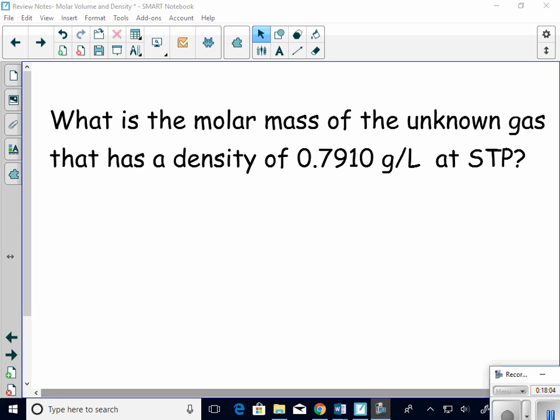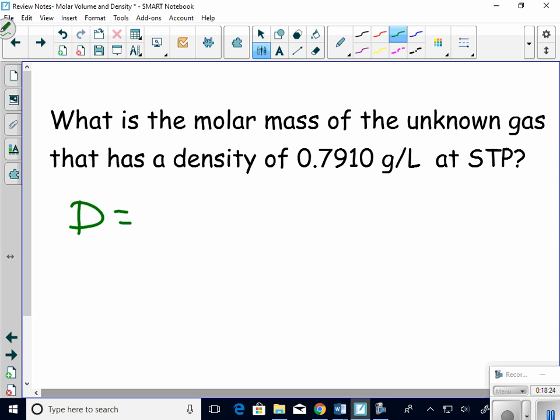No. What matters is, A, we're at STP, are we? Yes. B, at STP and the gas, we know the volume, don't we? Okay? So, as I'm looking at this, I say, well, density equals mass over volume. Well, that means that mass is equal to density times volume because I can manipulate my equation.